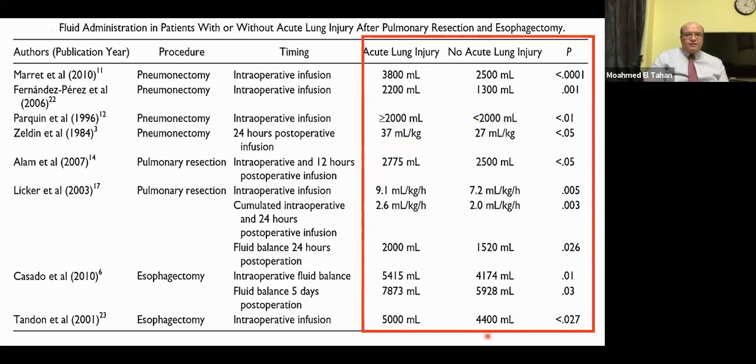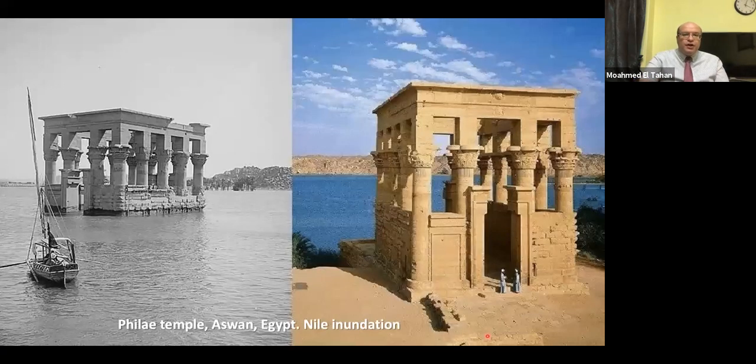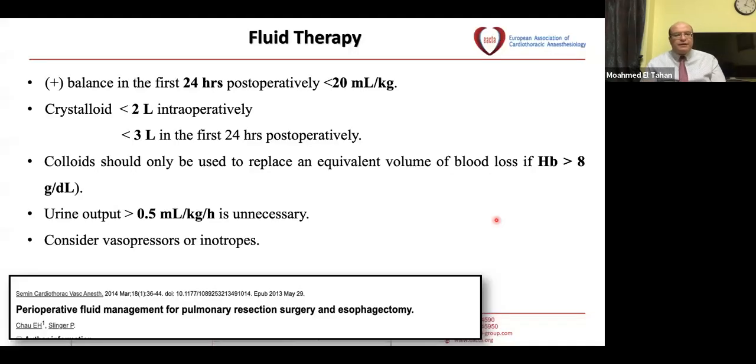So fluids are harmful to the patient. At the same time, severe restriction could be associated with acute kidney injury. So don't flood the patient's lung with fluids, and don't keep it dry. It's better to have goal-directed therapy.